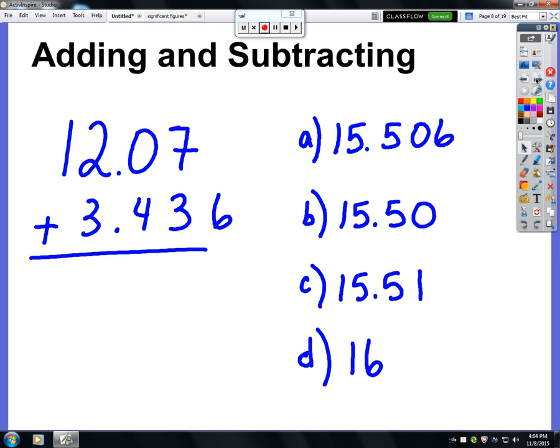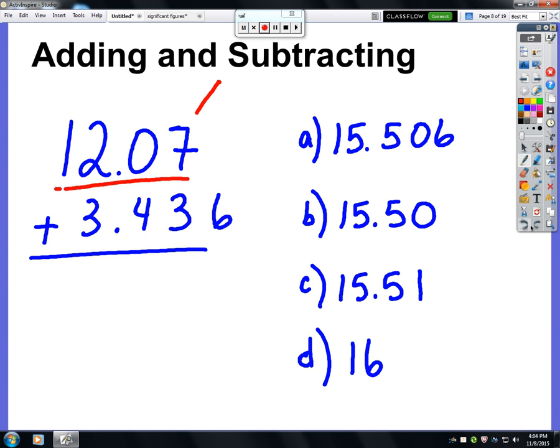Using significant figures, you're going to line your decimals up. You're going to look at the number that has the least decimal places. This one stops at the hundredths place. This number, on the other hand, stops at the thousandths place.